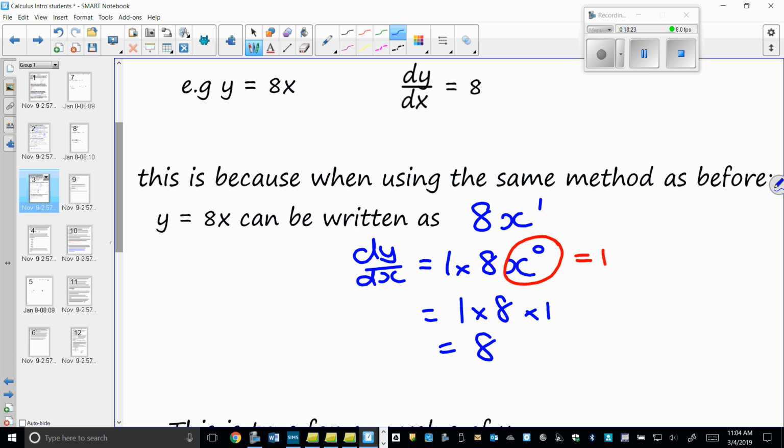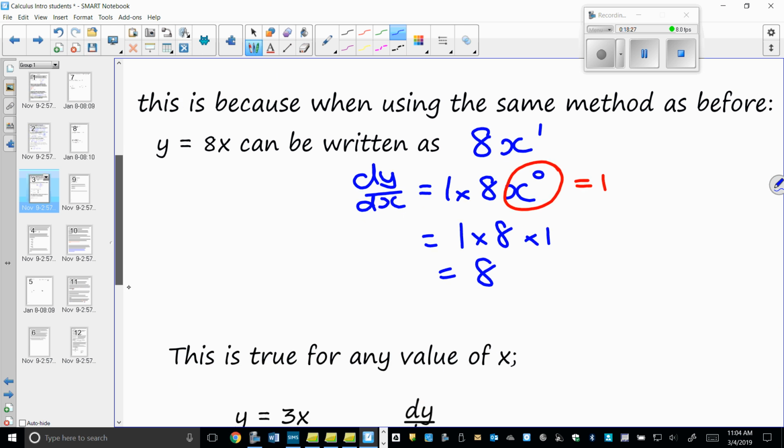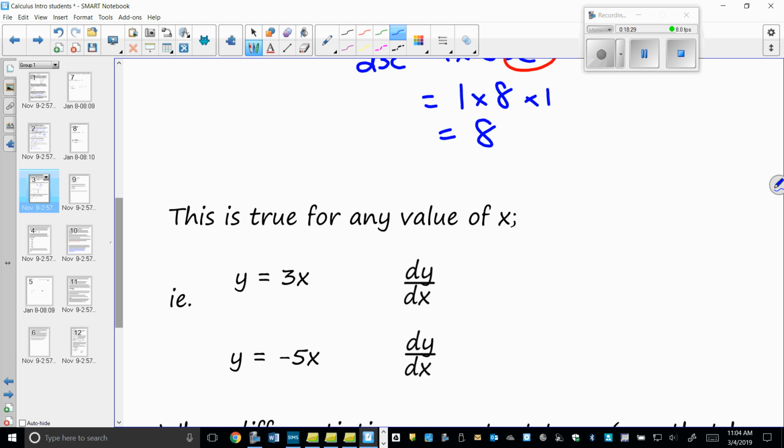So rather than go through this each time, if there is something with just an x next to it, your derivative will just be the number in front of it. So I can say straight away that the derivative of this is 3, the derivative of this is negative 5.